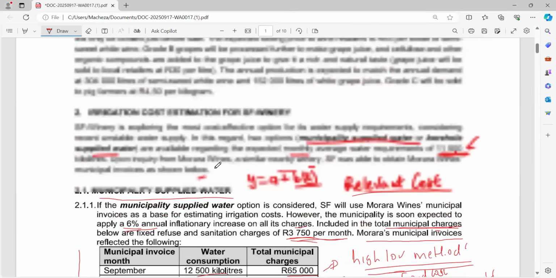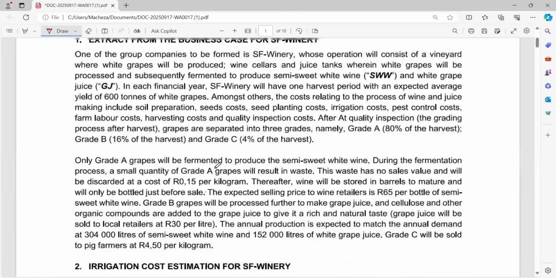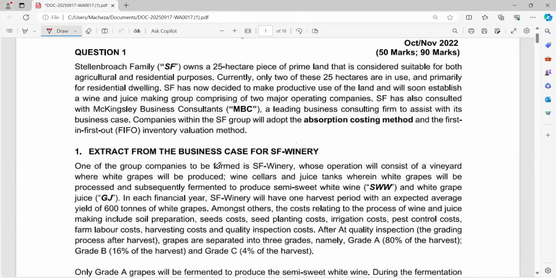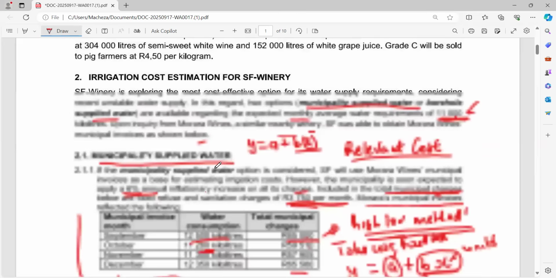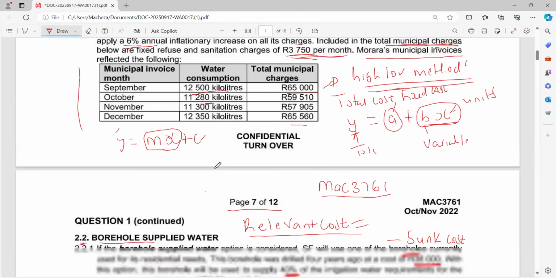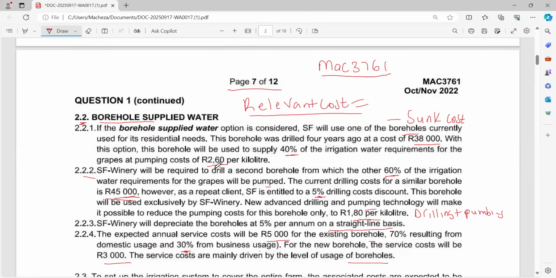So if the transfer price is going to be used, is it going to benefit them? Because the transfer price is lower than the full cost.